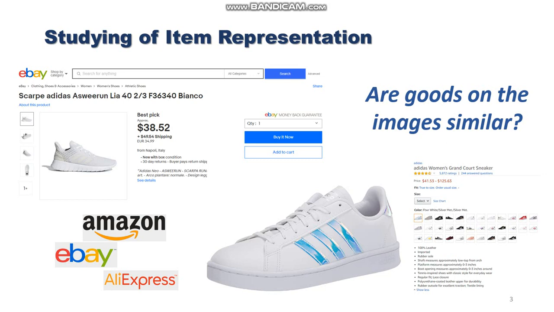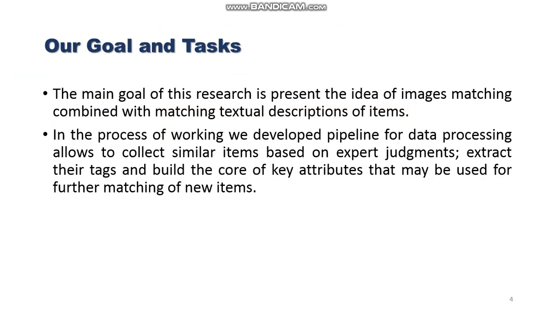These problems exist not only for the eBay marketplace but also for Amazon, AliExpress, etc. The main goal of this research is to present the idea of image matching combined with matching textual descriptions of items.